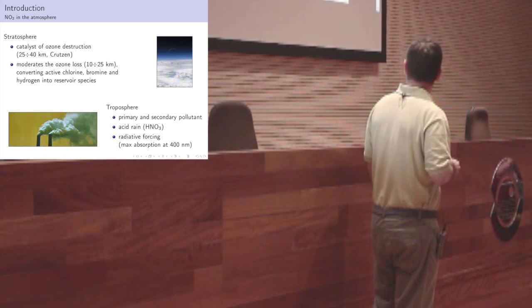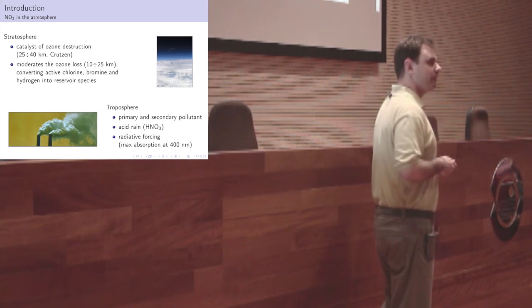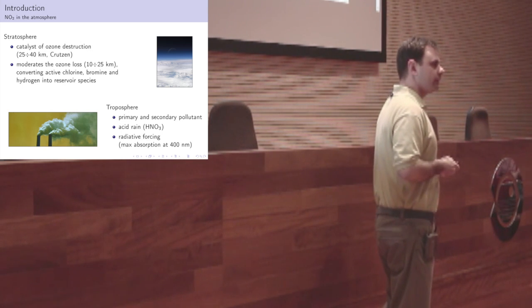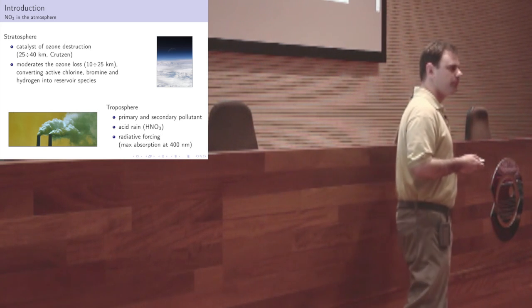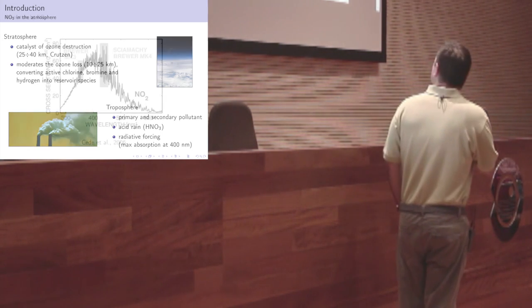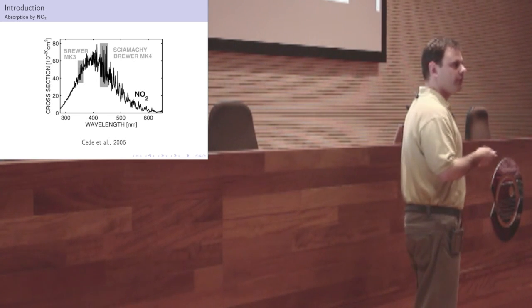In the troposphere, it plays an important role in photochemical smog and acid rain, and it is also involved in radiative forcing, being an absorber in the UVA and visible range, which allows us to retrieve the nitrogen dioxide vertical column with the Brewer.